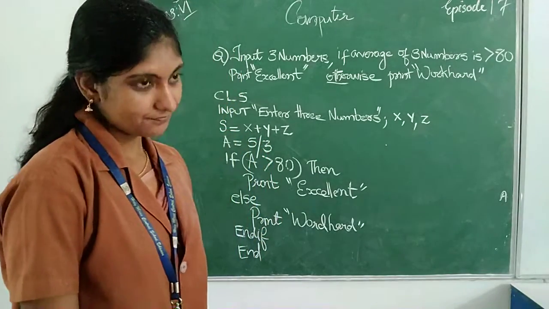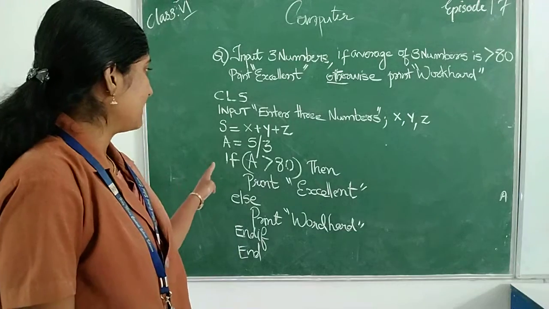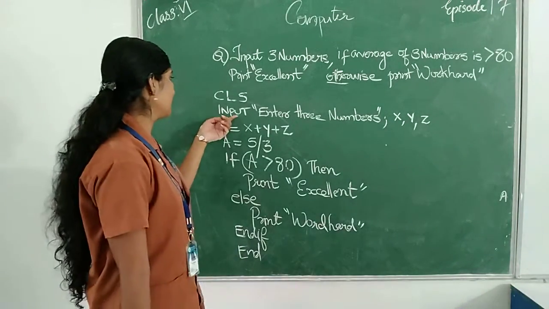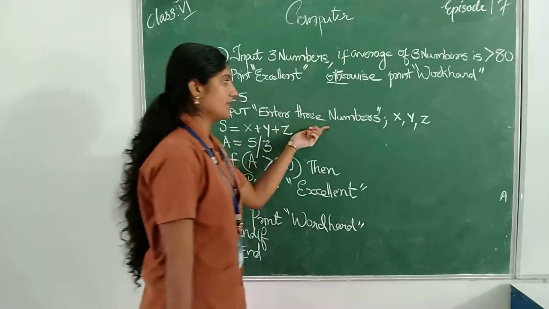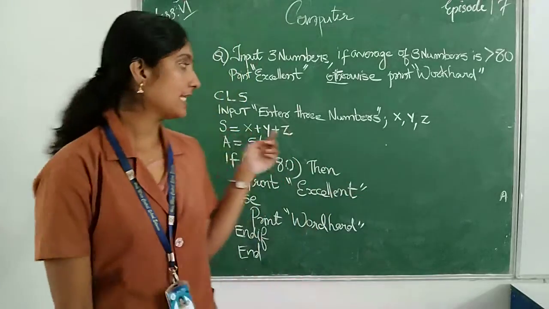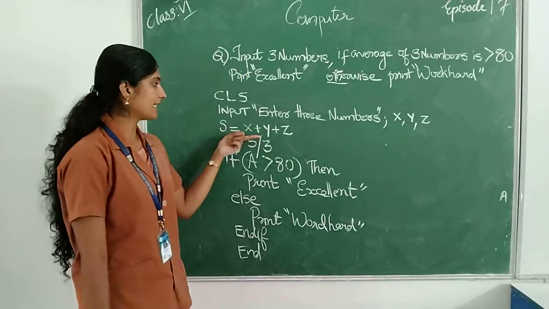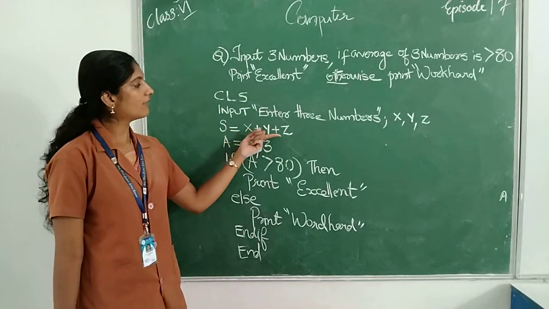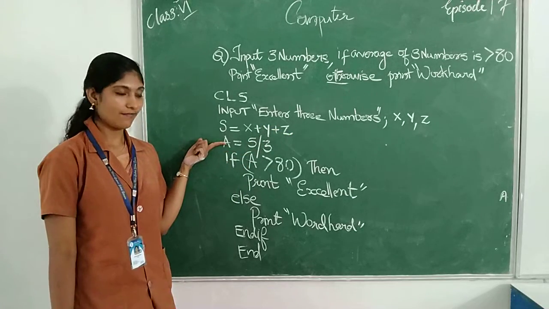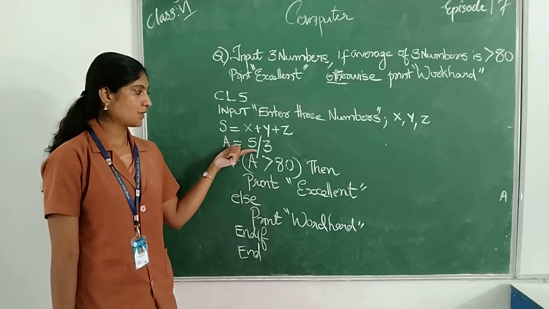So here look, this CLS, then input, read the statements, input, enter 3 numbers X, Y, Z. Then next adding 3 numbers, that is X plus Y plus Z. Then calculating average, A is equal to S by 3.